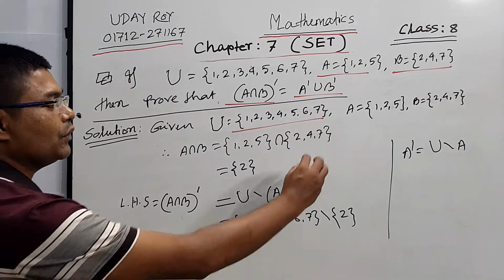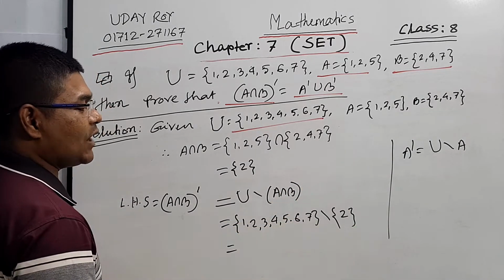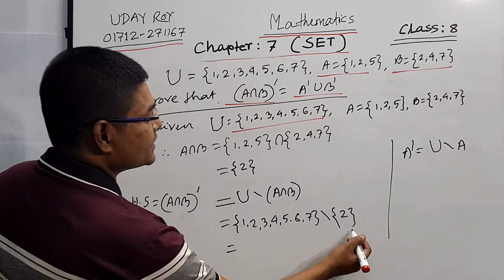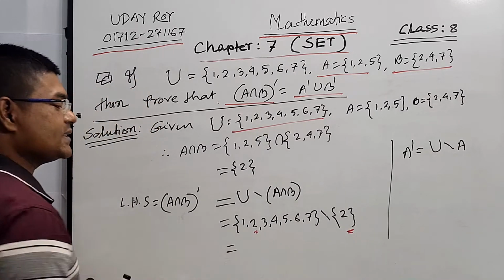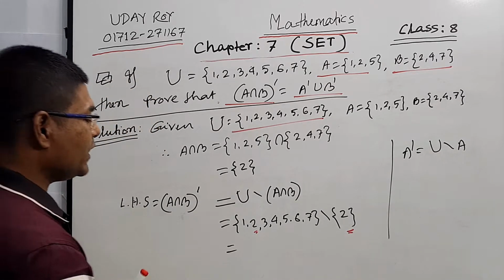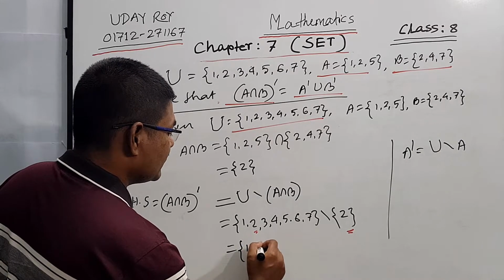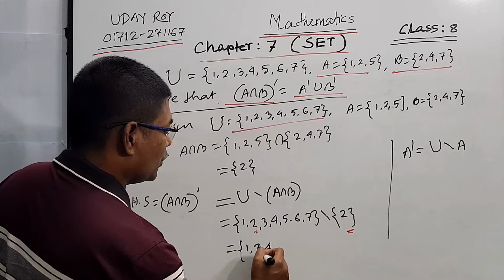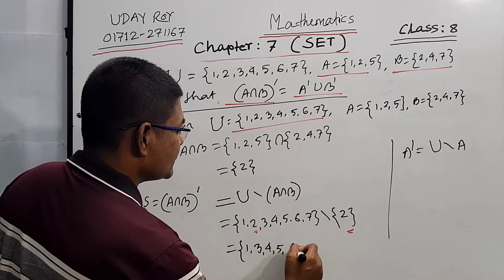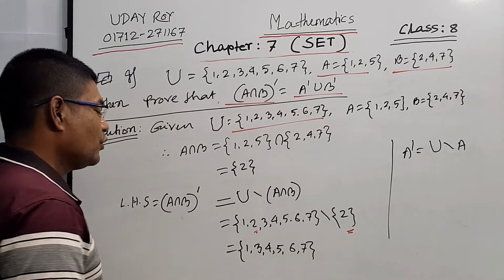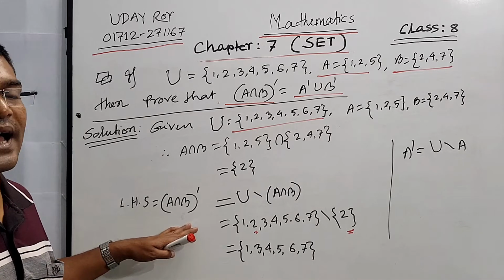You have to keep it outside. So we get left hand side 1, 3, 4, 5, 6, 7. So we have got the left hand side.